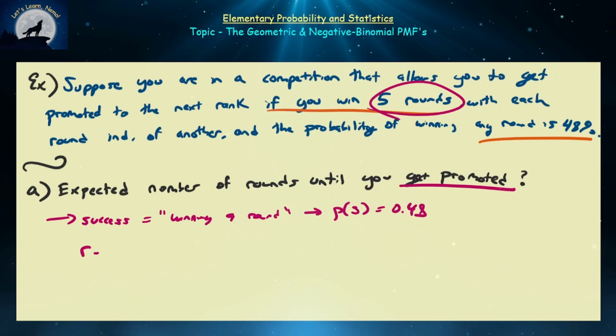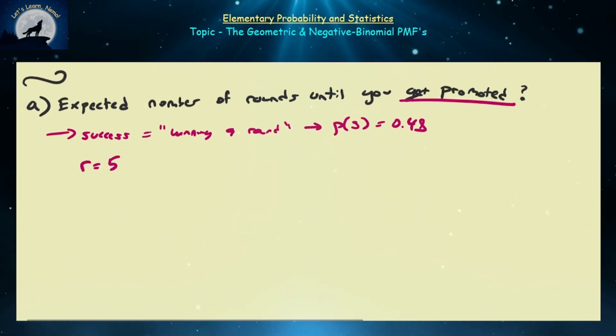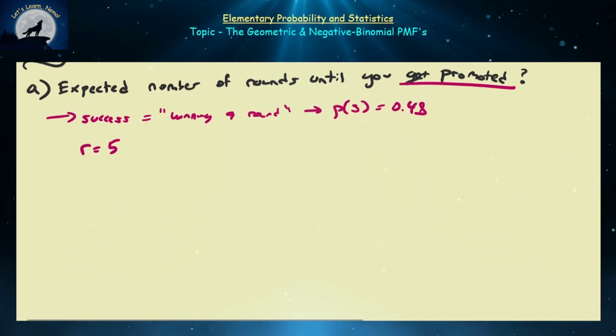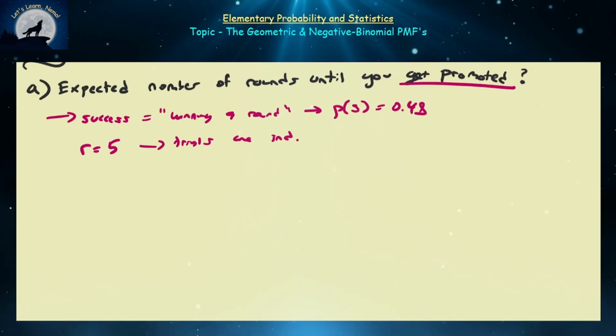So let r be equal to 5, because if you go to r equal to 6, we're already promoted from the 5th, so we technically do not need the 6th. So r is equal to 5, the probability of success is 48%, and the trials are independent. Once you get that 5th, you're going to be promoted automatically.